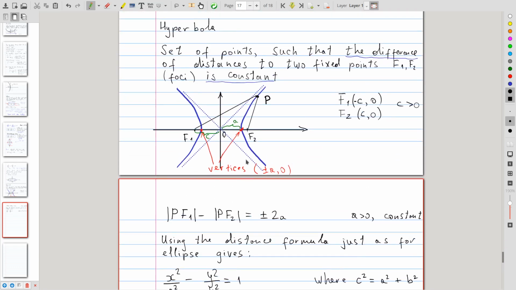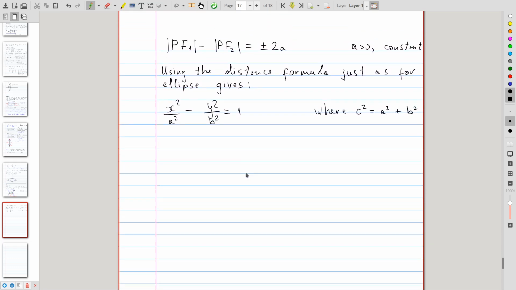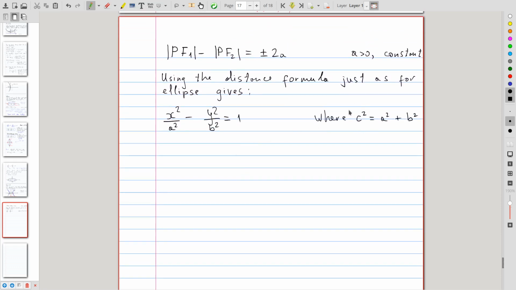So it's easy to remember this if you think about the picture. For the ellipse, foci lie between the vertices. For the hyperbola, it is the other way around. The vertices are between the foci. So that is why you get c squared is larger than a squared.